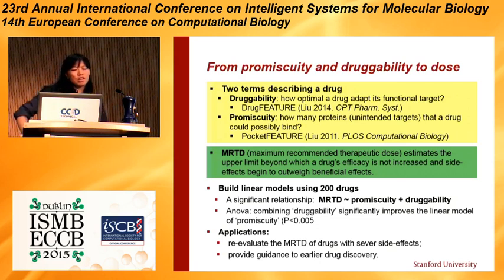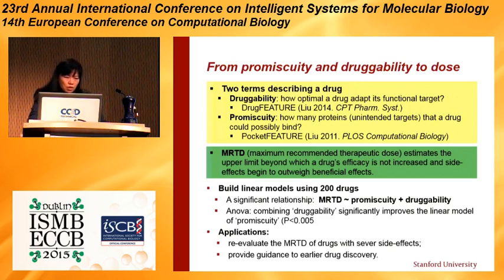The functional target is the protein, that is, how effectively the protein actually takes the drugs in our body. So we previously developed a method, drugability. We found that this method can be used to evaluate how optimally a drug adapts to its functional targets. We use that to represent the functional target's effectiveness.